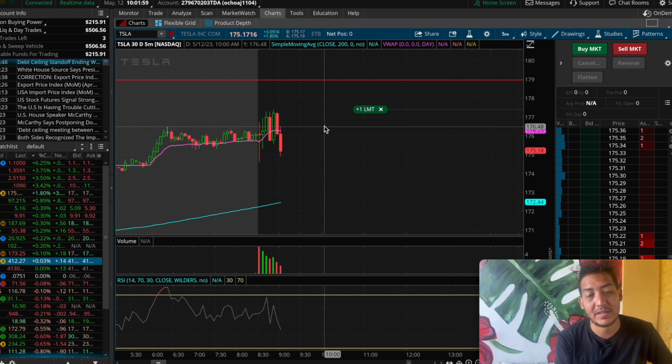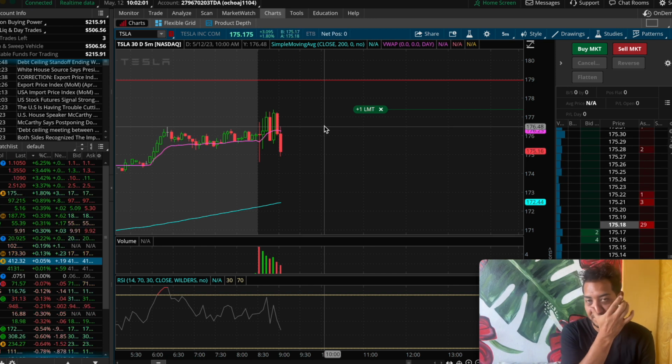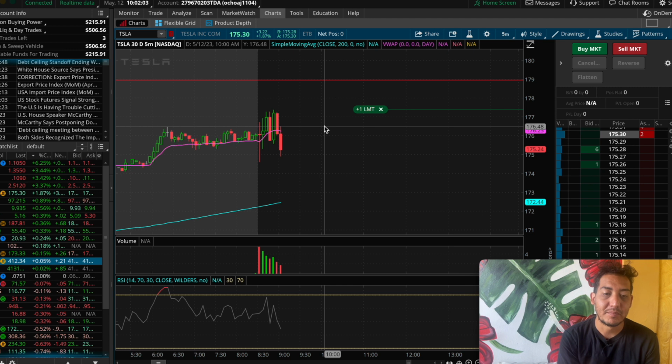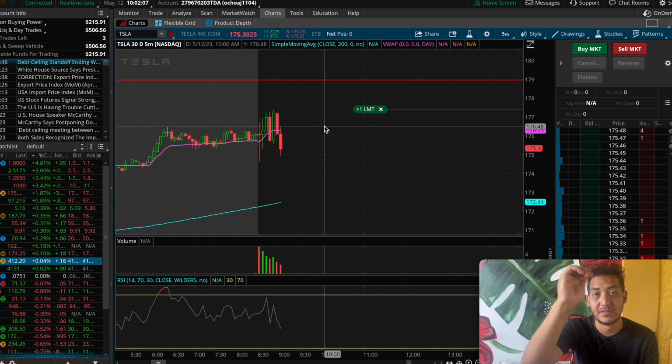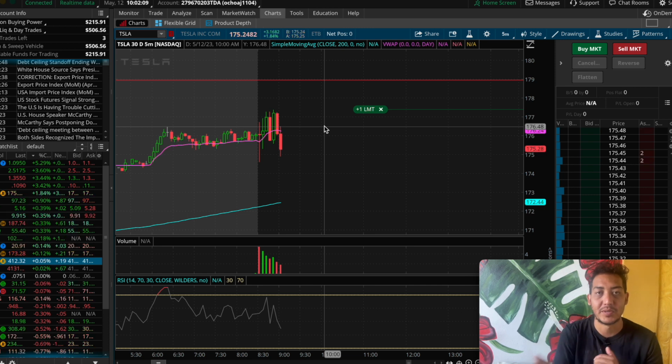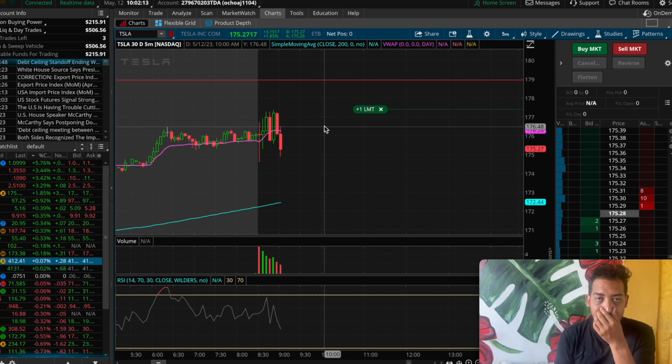So what I'm trying to do is I'm actually trying to pick up a put. I'm trying to grab a put because I believe that once that gap fill gets filled, this excitement from the tweet of Elon about finding a new Twitter CEO is going to die out.